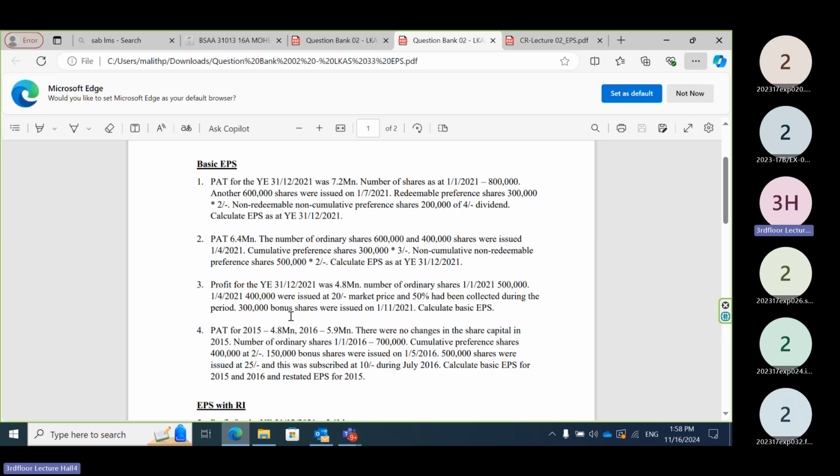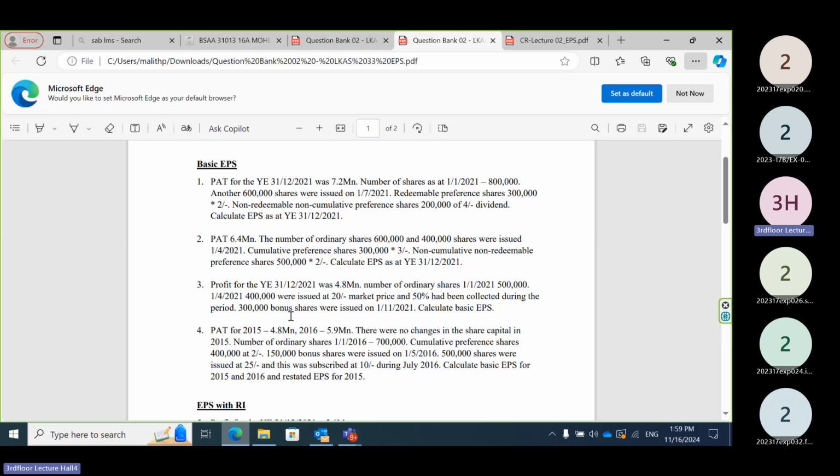So we consider it as happened on 1st January 2021. Not only that, it should be adjusted to last year's 2020 opening balances as well. After adjusting in the 2020 financial statements, you have already calculated EPS, right? That should be restated.